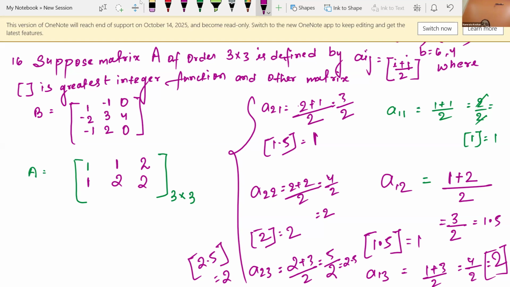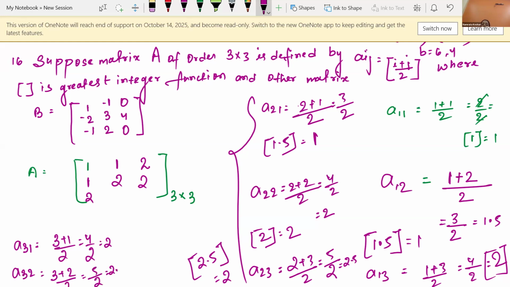Now I'll find A31. A31 will be 3 plus 1 by 2, that is, i plus j by 2, so 3 plus 1 by 2, that is 4 by 2, that is just 2, which is already an integer, so it will remain. We'll be finding A32, which will be 3 plus 2 by 2, that is 5 by 2, which is 2.5.